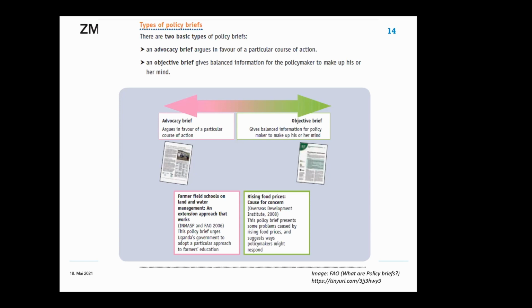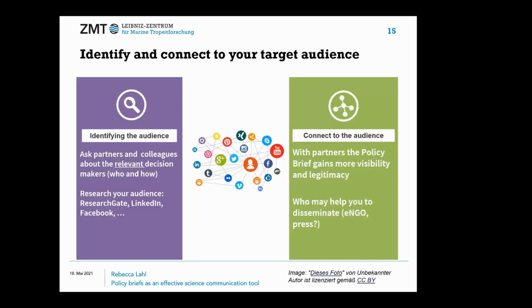And the other one is an objective brief that gives balanced information, so a policymaker is informed and can make up their own mind. So I would always try to strike a balance in between. And I think it's always helpful to have a message that you want to transmit.